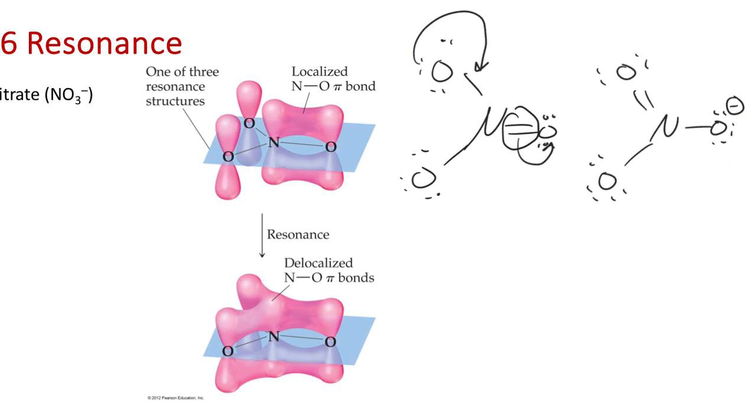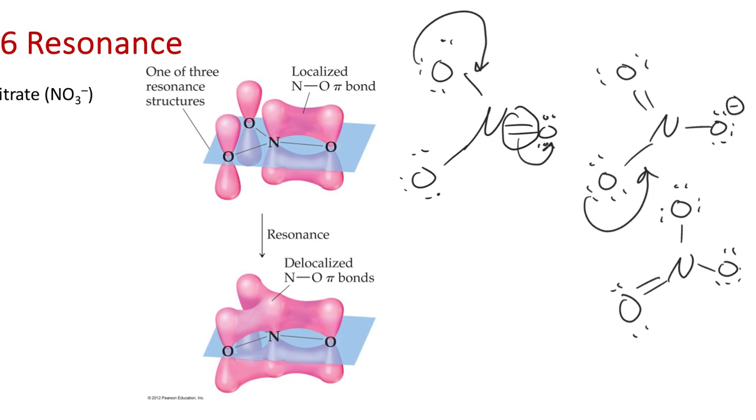And then you can also imagine moving the double bond over to here. So it leads to the question of what does the double bond really do? Does it go from here to here to here and it's going back and forth at all times?